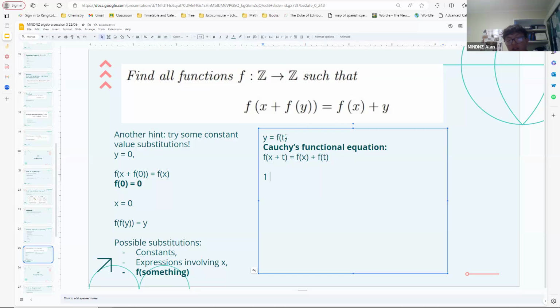And we haven't specified t to be anything yet. We just said y equals f of t. So if we have t equals 1, f of x plus 1 equals f of x plus f of 1.